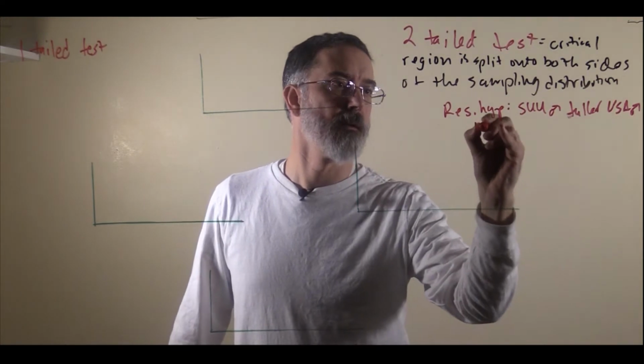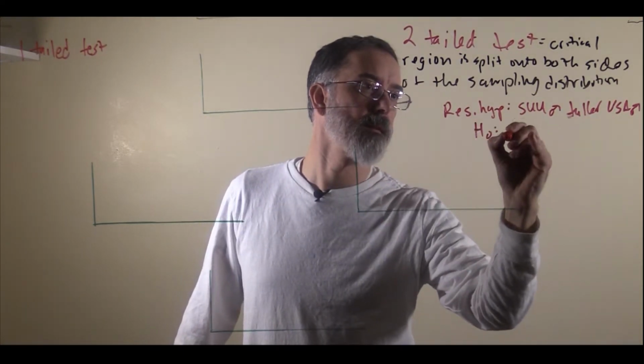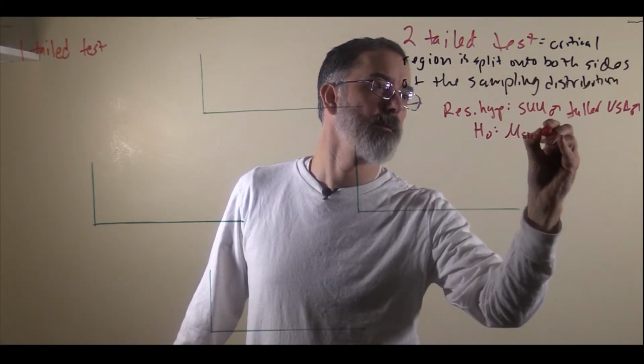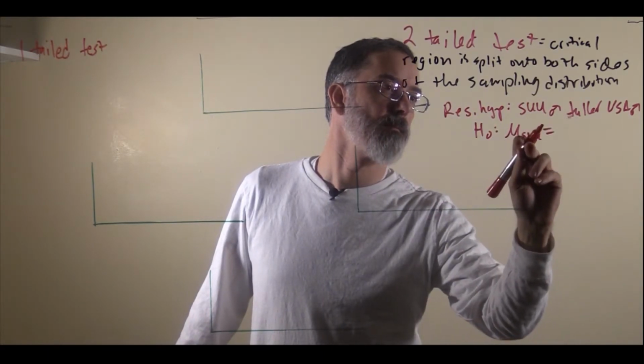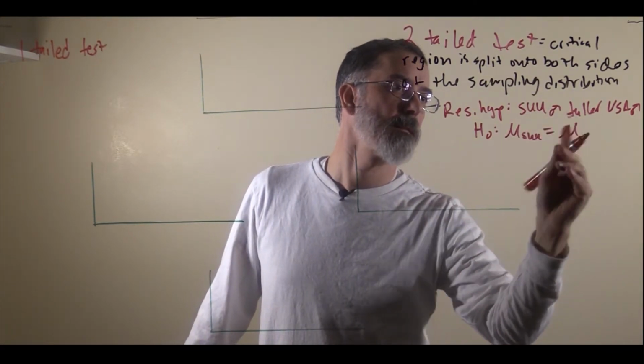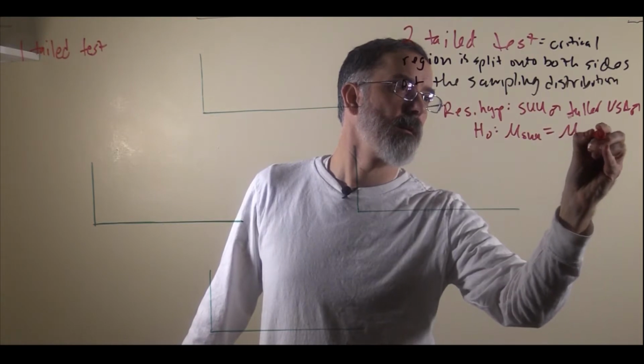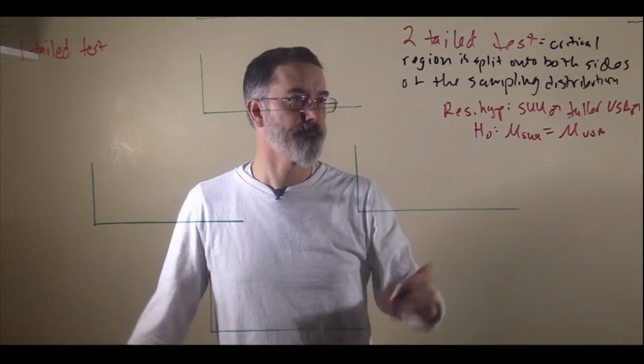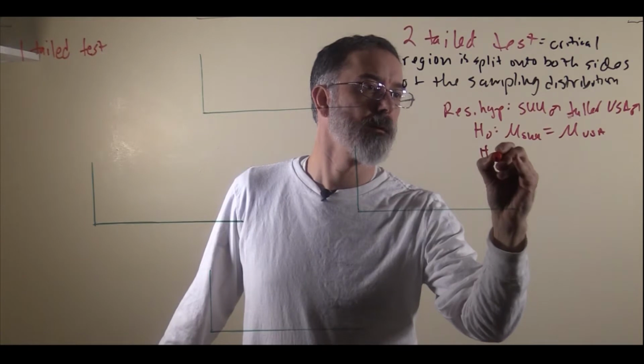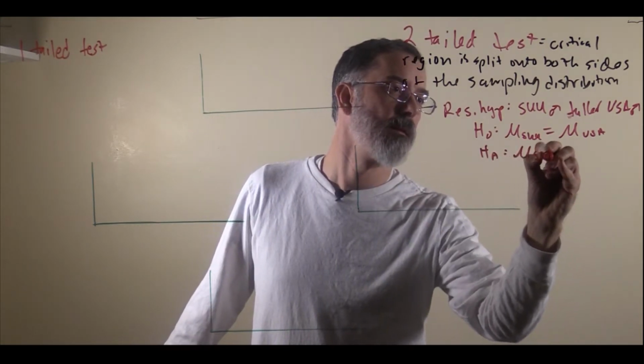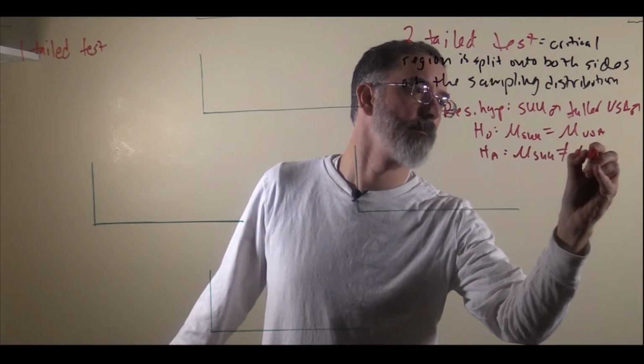So the corresponding null hypothesis we've had there is mu SUU, the average height of SUU men, is the same as the average height of American men. And then the alternative hypothesis in that case is that they're unequal.